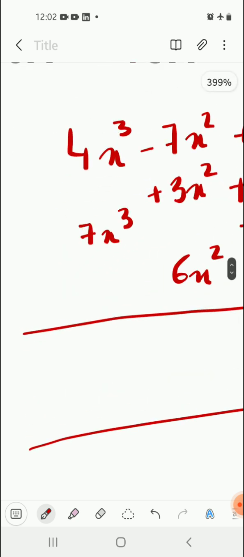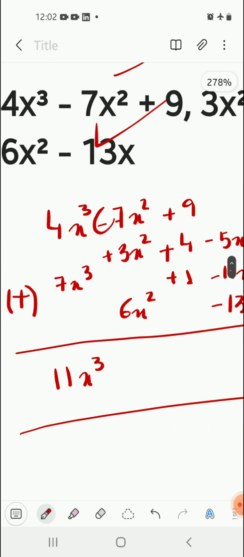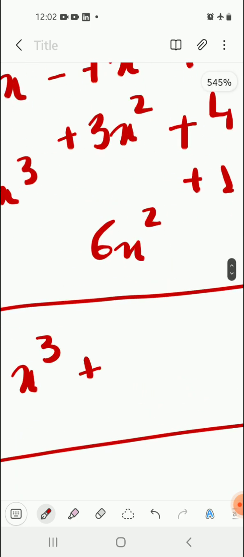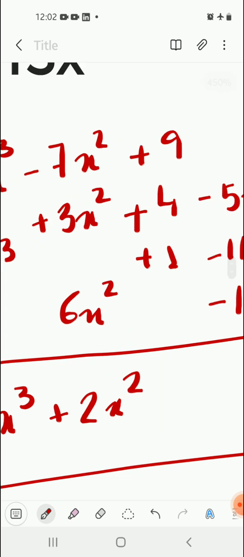4 plus 7 becomes 11x cube. Again see, minus over here, plus here and plus here, so 3 plus 6 is 9x square minus 7, so it becomes plus 2x square.